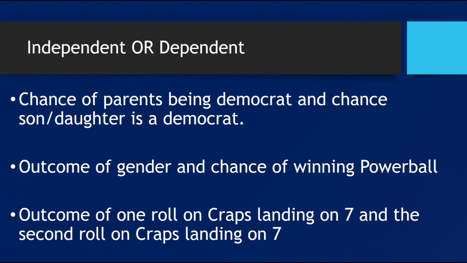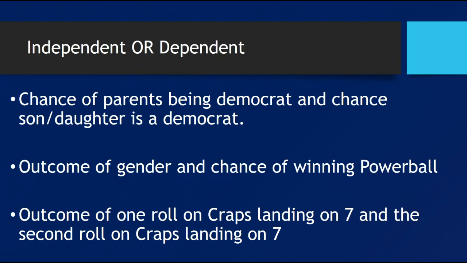And similarly on that third bullet point, if I roll dice, I land on a 7. So when I say land on a 7 in craps, the game of craps, for those of you who don't know, you roll 2 dice. And you look at the sum of the numbers on the dice. 7 is a particularly interesting number in craps.